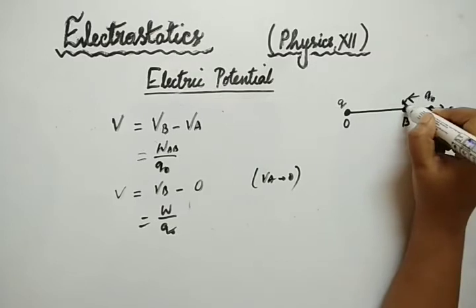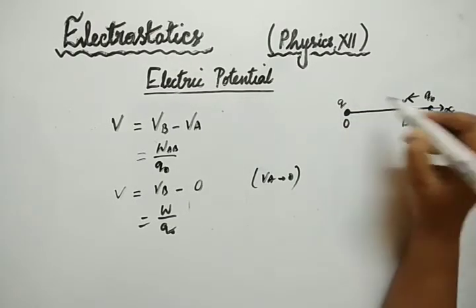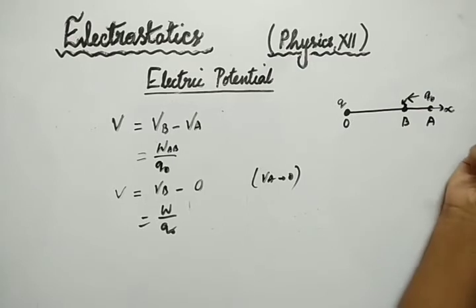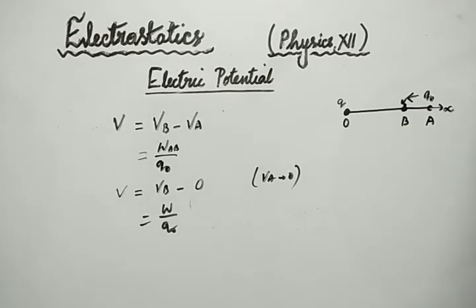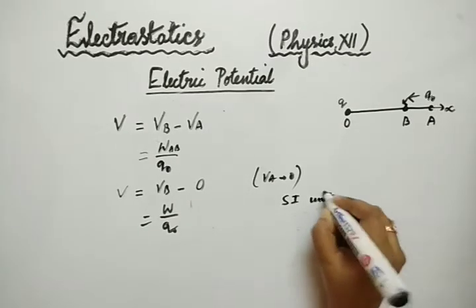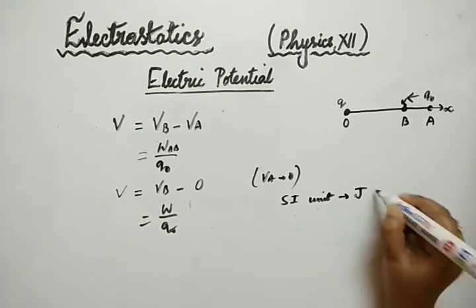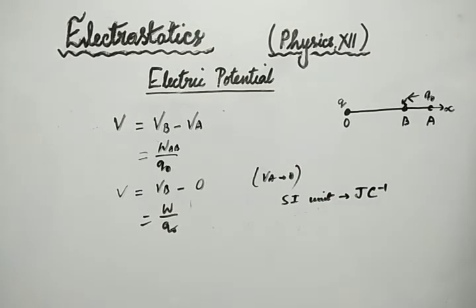So the electric potential at point B due to this charge Q can be defined in this manner. So this was our idea of electric potential. Then what is the SI unit of electric potential? Since it is work done by charge, it will be joule per coulomb.